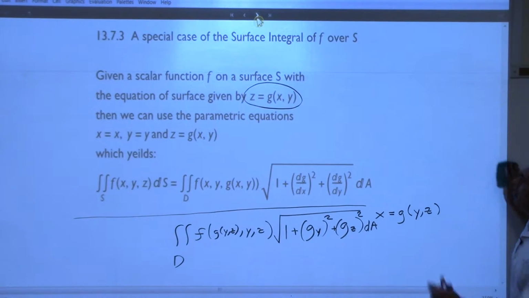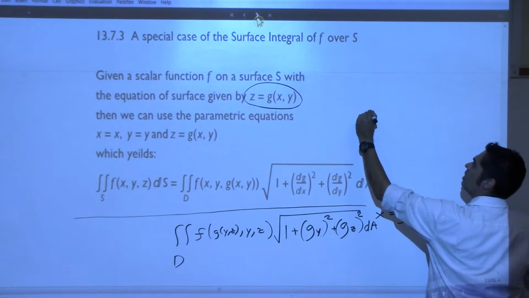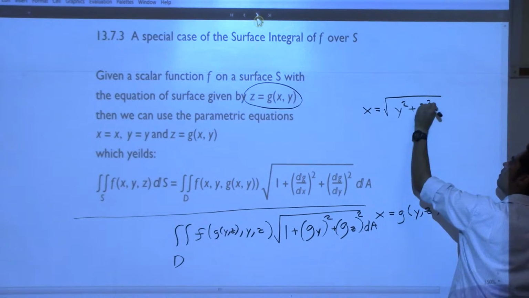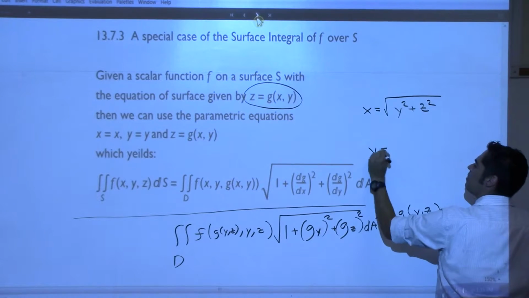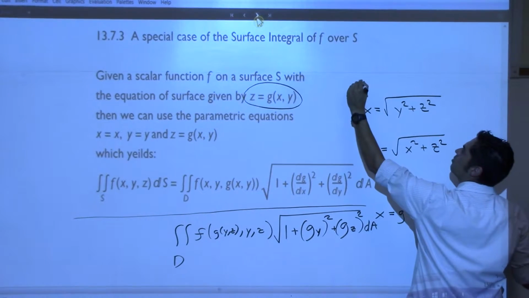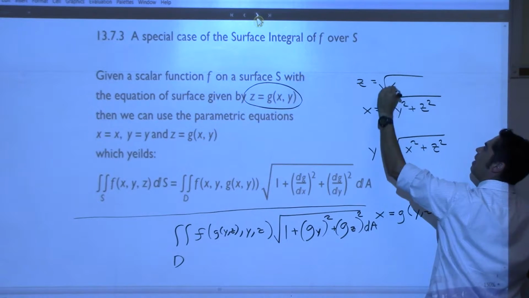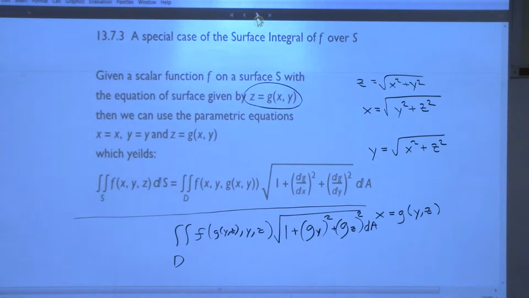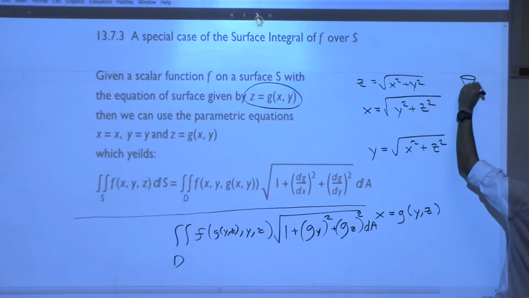I'll give you two examples of those two cases. If you write x is equal to square root of y squared plus z squared, or you write y is equal to square root of x squared plus z squared, and let me put the first one up here. Z is equal to square root of x squared plus y squared. The difference between all those is just the direction in which the cone opens, right? This cone goes up like this.